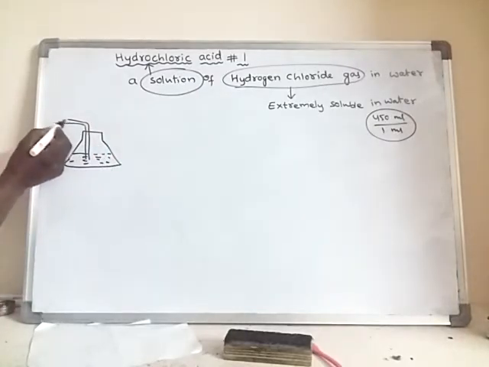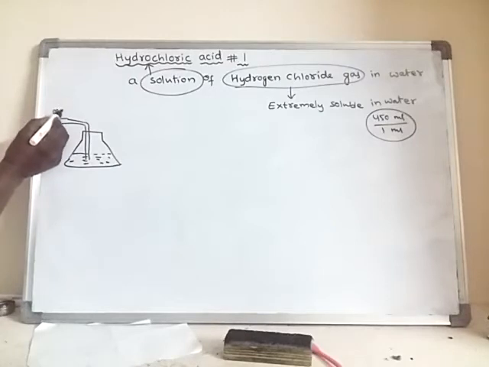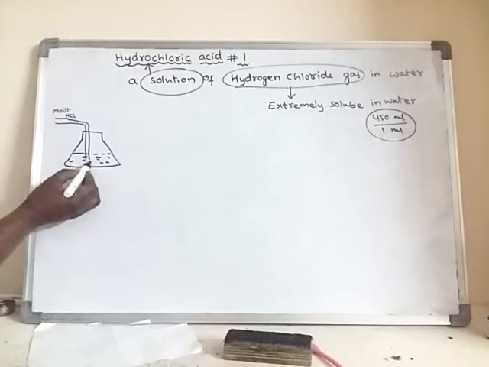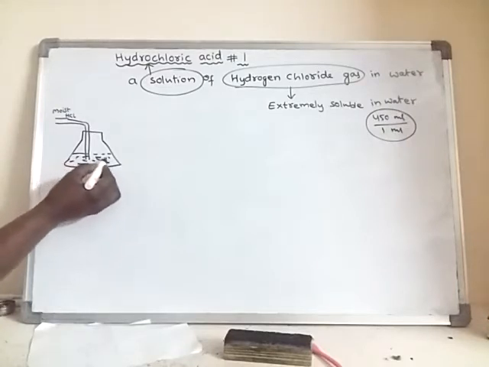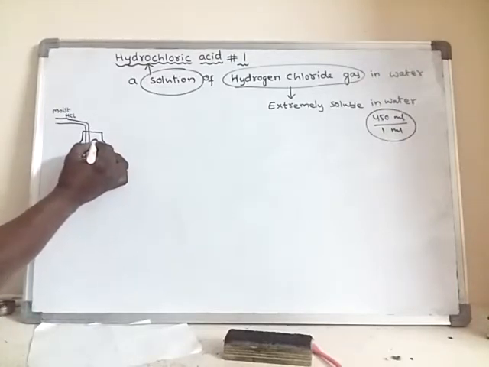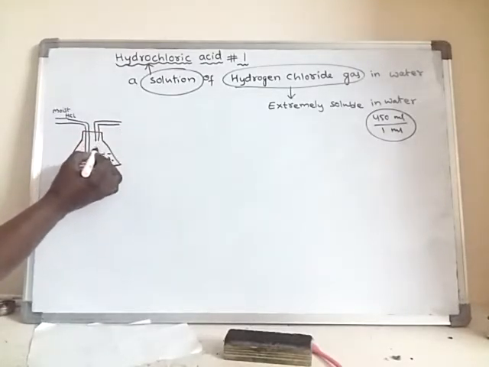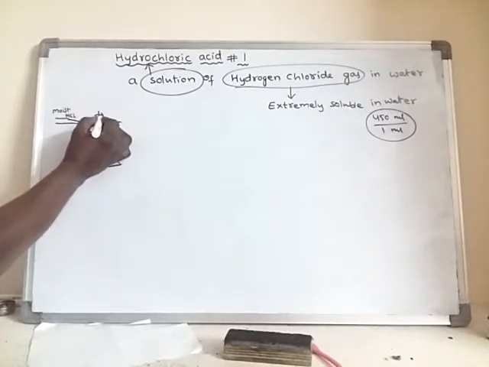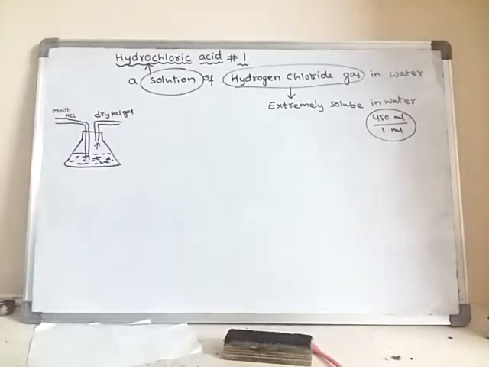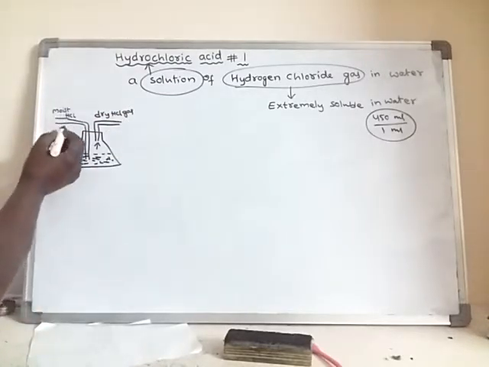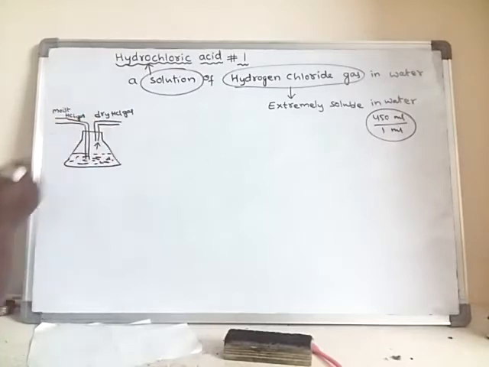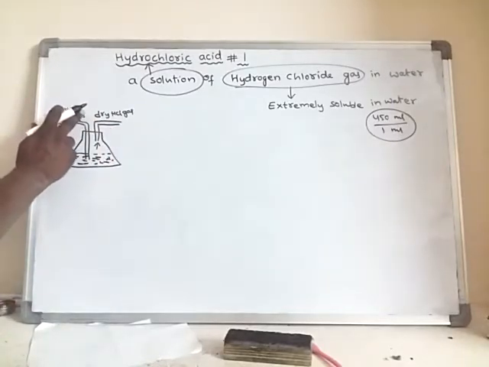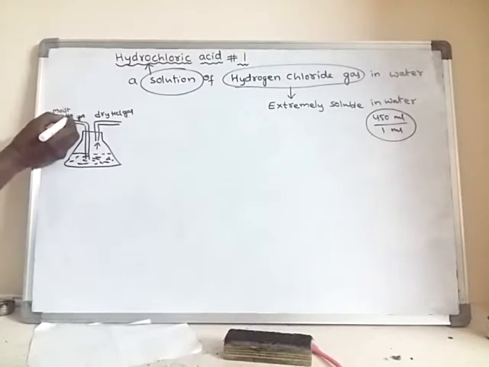From here you get moist HCl, and that moisture is removed in the concentrated sulfuric acid. From here you get dry HCl gas. So moist HCl gas, and dry HCl gas.